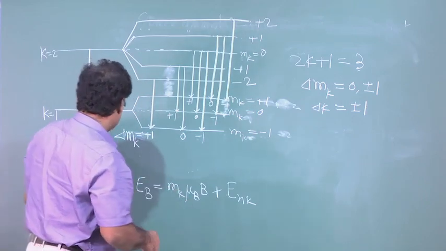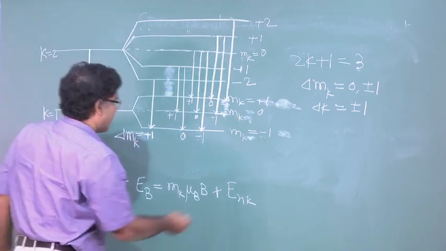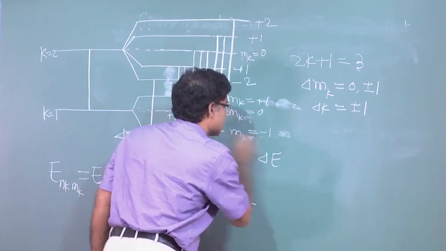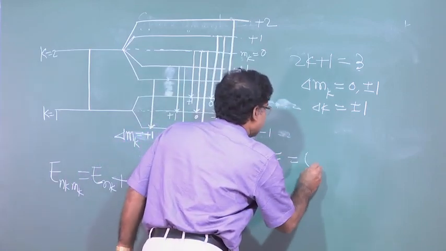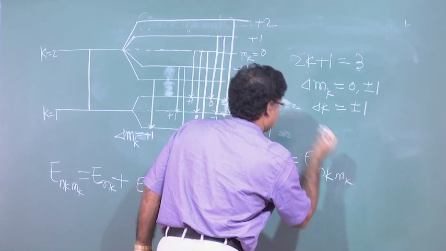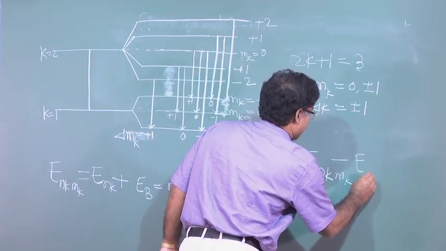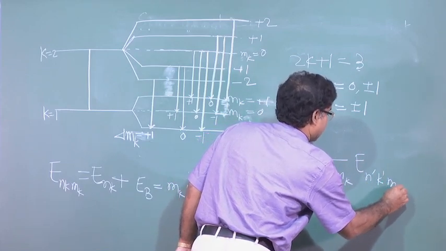In general, if I consider the transition between two levels, the energy difference because of the transition will be E n k m k, that energy level, minus E n dash k dash, in general m k dash.